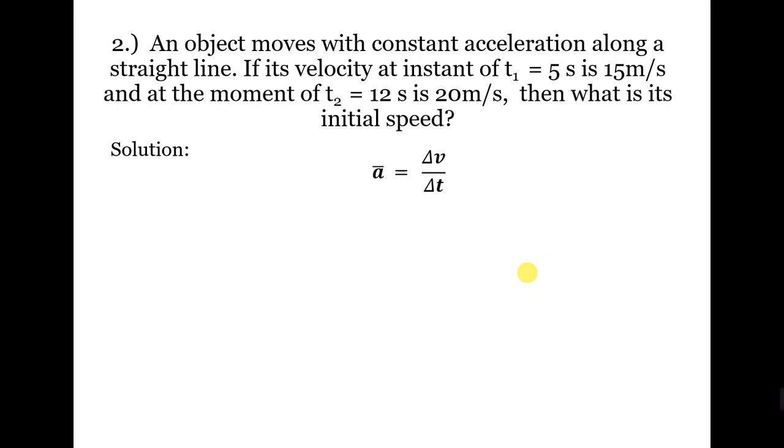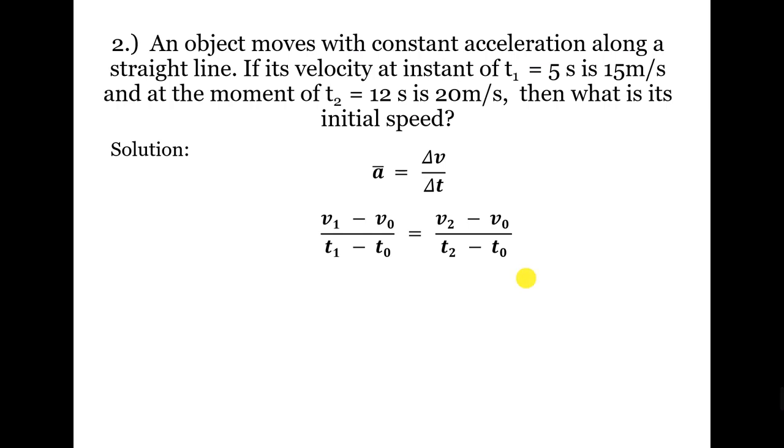We will use the formula for the average acceleration. The change in velocity from the formula is the final velocity minus its initial velocity. Now, let the initial speed be denoted as v sub 0 from a time of 0 seconds.